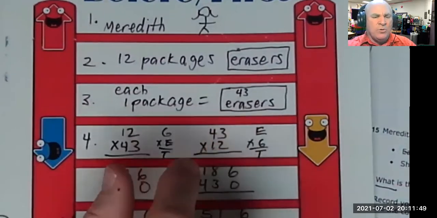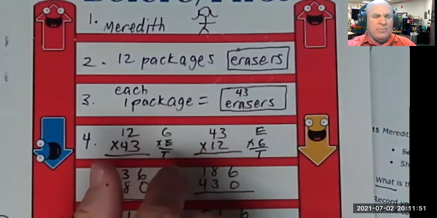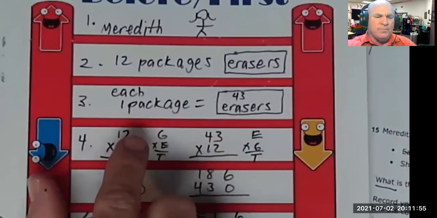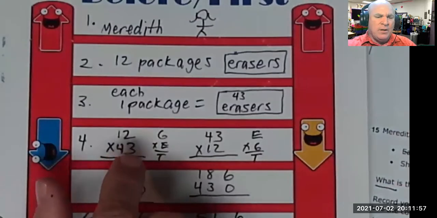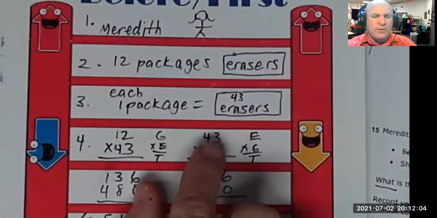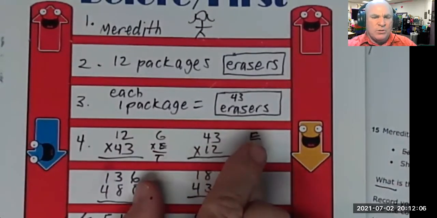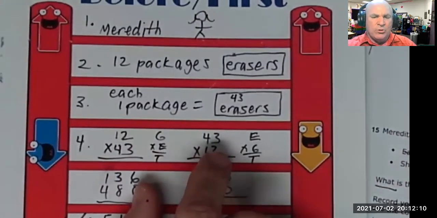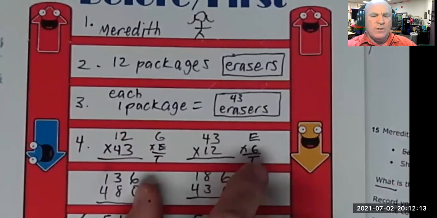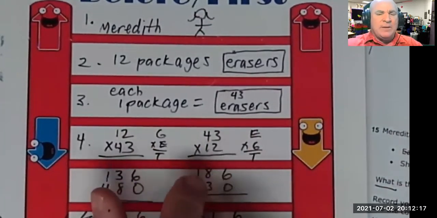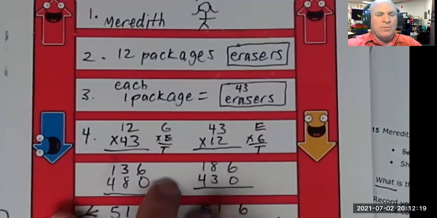And so most of you use the GET acronym, that is, how many groups do you have? 12 of them times the number in each group gives you your total, or you have 43 in each package times 12 groups gives you your total. That way you can remember that you can get the same product multiplying both ways.